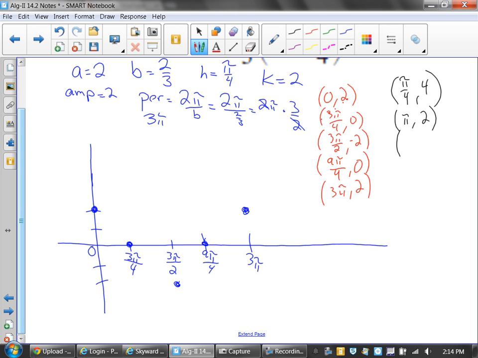3/2 and a quarter. Can I also say that 3/2 is the same thing as 6 over 4? 6 over 4 and a 4th is how much? 7 over 4. So I have 7 pi over 4, and 0. 9 pi over 4 and a pi over 4 gives me 10 pi over 4, and then you just simplify it right away.